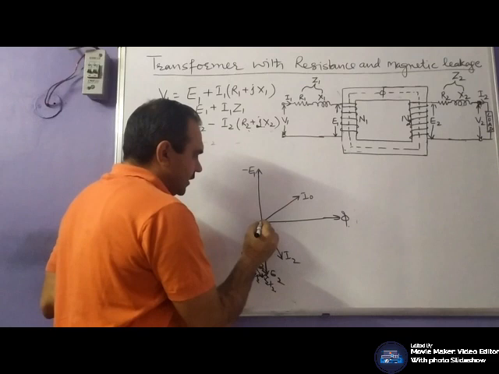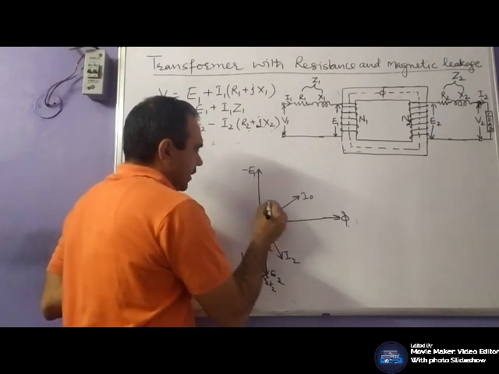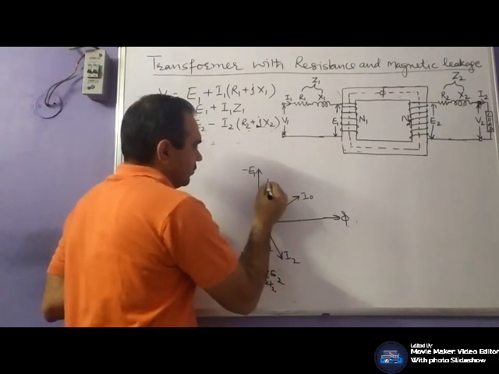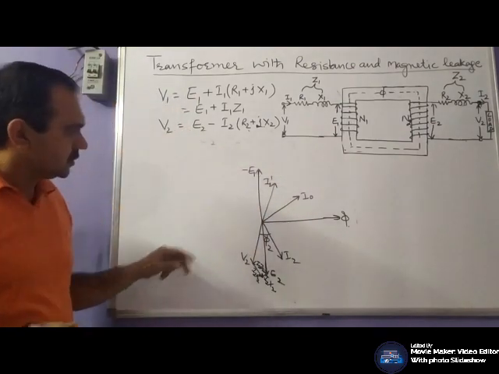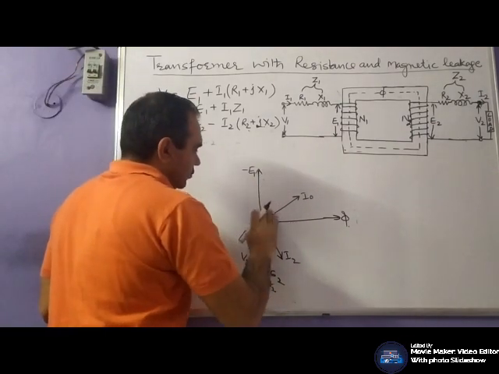Now on primary side, your counterbalance current is in phase opposition of I2.